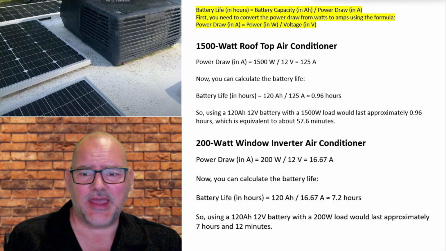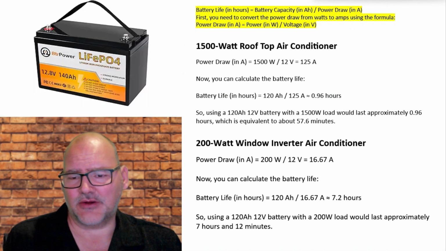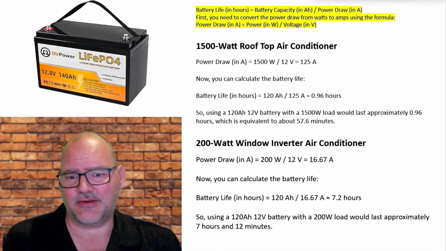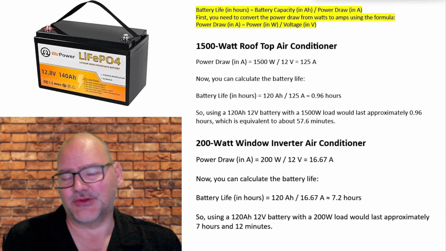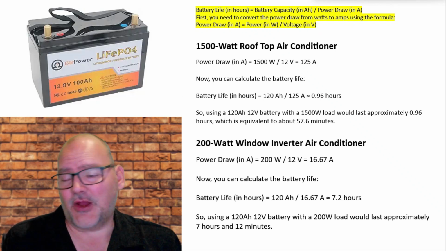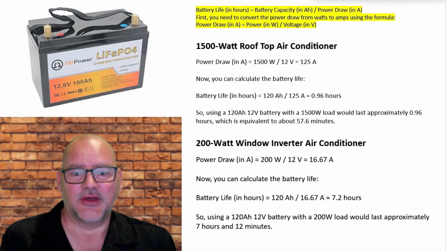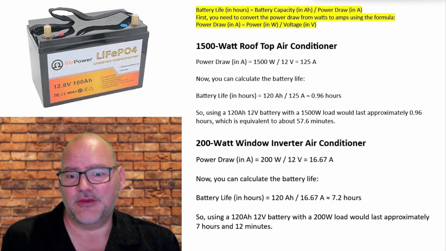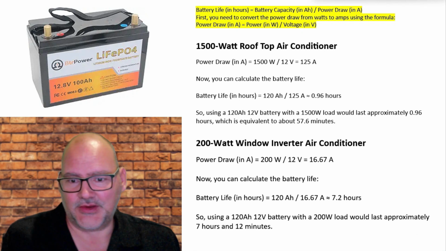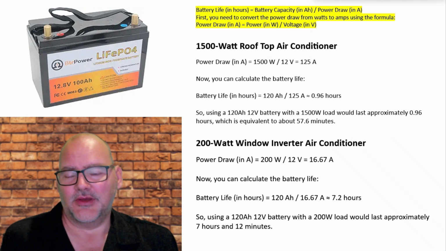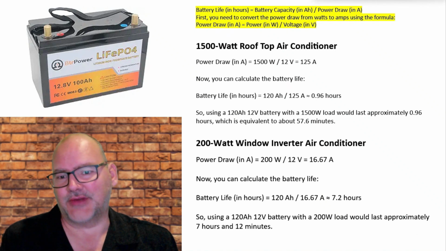Now, the reason why I run a 280 amp hour battery set is that I run two 140 amp hour batteries, which is 280. You can run a 300 amp hour set too, which is three 100 amp hour batteries. But the reason I do that is you need a little bit of a buffer. You need some extra battery power in case you get a cloudy day. You can have that extra battery set.